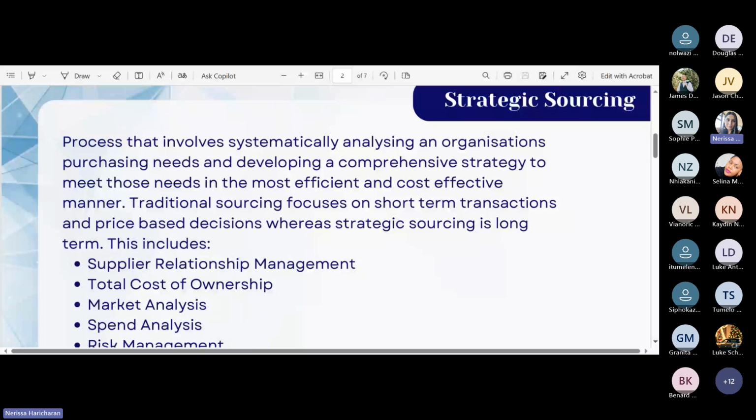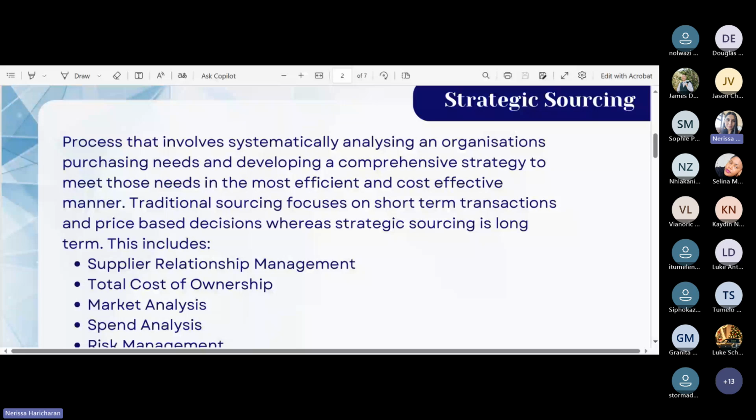As you go through supply chain, logistics, operations, you will see that certain keywords often pop up: effectiveness, efficiency, cost saving. You want to do as much as possible from an optimization perspective. So how better can we optimize the supply chain? One way is through strategic sourcing.